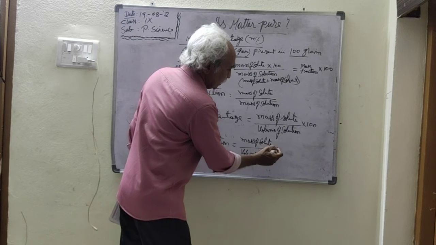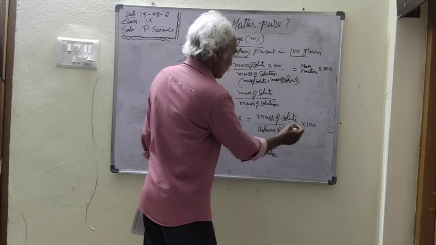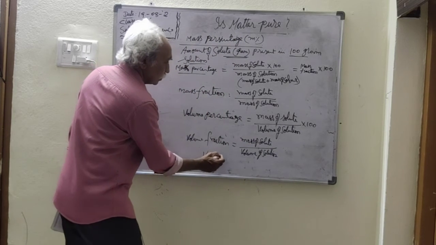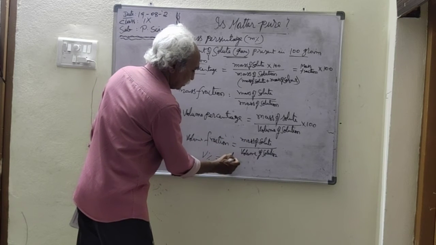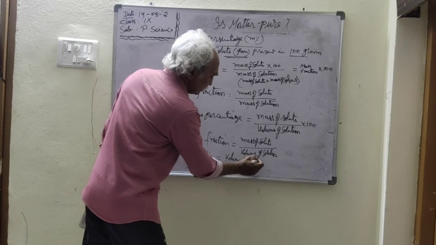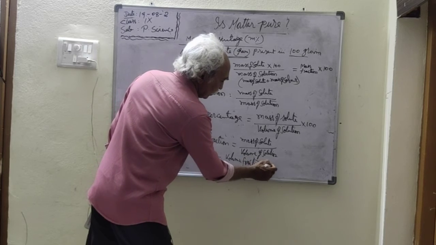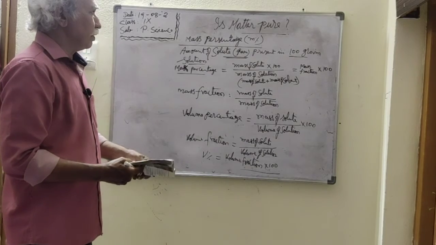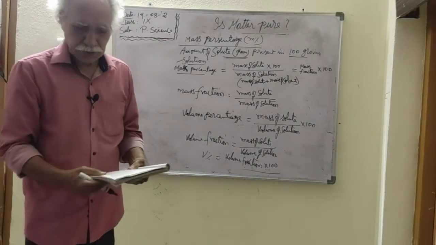Therefore, volume percentage is equal to volume fraction into 100. Like this, you can calculate the different ways to represent the concentration of the solution.